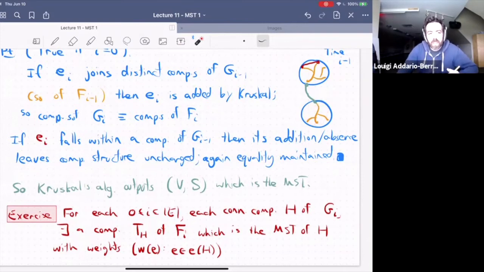Or as Lior said in the chat, you could say that F_i is a minimum spanning forest for G_i.